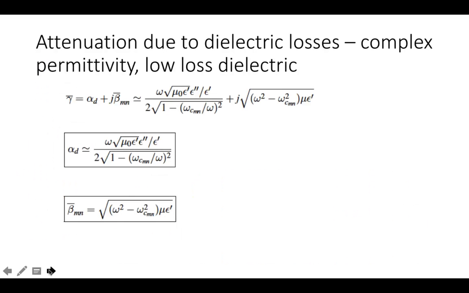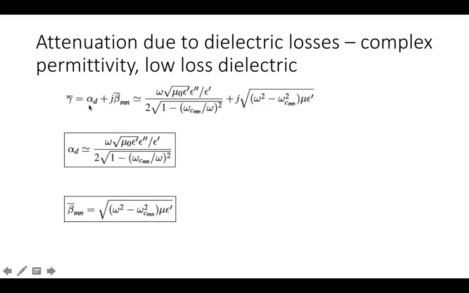All right, let's think about the second type of attenuation, and that's the attenuation due to dielectric losses. Remember here that the dielectric has a complex permittivity, and so the propagation constant in the guide is going to be complex, where beta mn is the propagation constant in the guide for the propagating wave. It's the wave number, so beta mn would be for a particular mode.